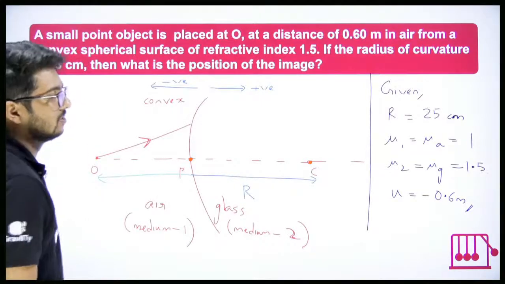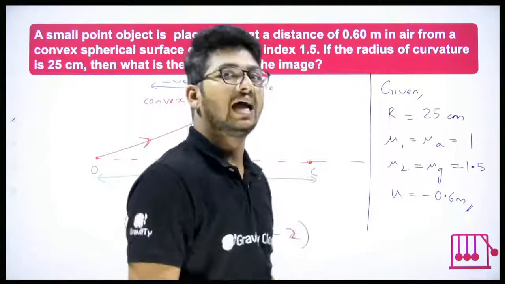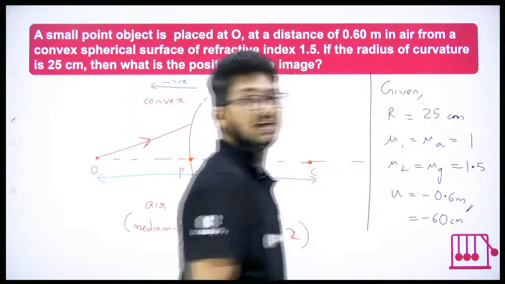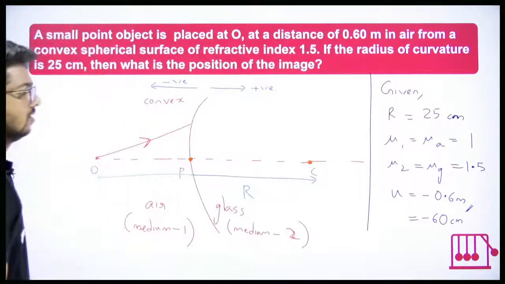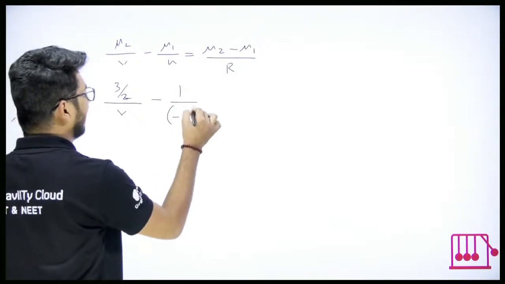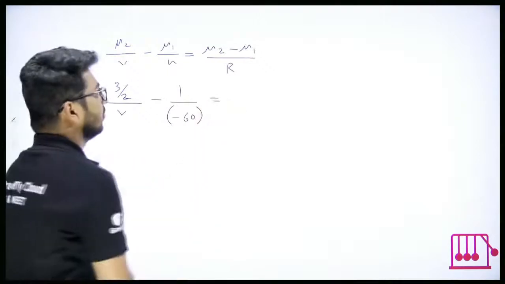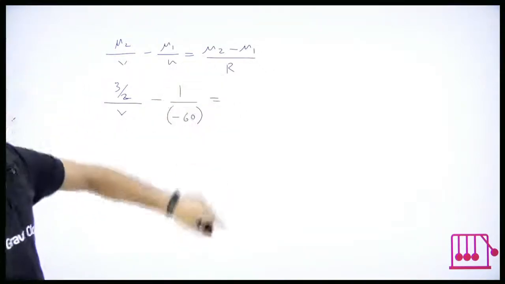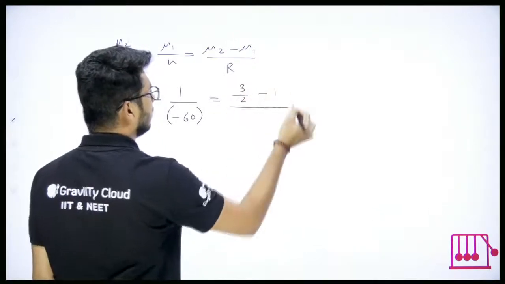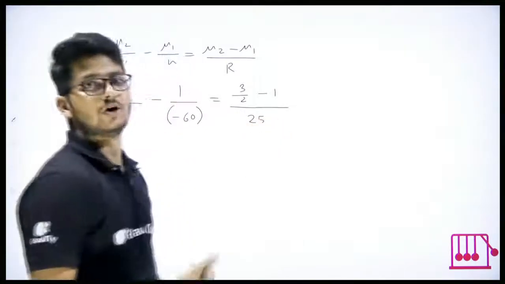Radius is in centimeter and object distance is in meter, so I'll convert that into centimeter. 0.6 meter is 60 centimeter, so u is minus 60 centimeters. I use brackets so that we will not go wrong. Minus 60 is equal to mu 2 minus mu 1, 3 by 2 minus 1, upon radius, which is 25. That's it. If you solve it, you will get the answer.